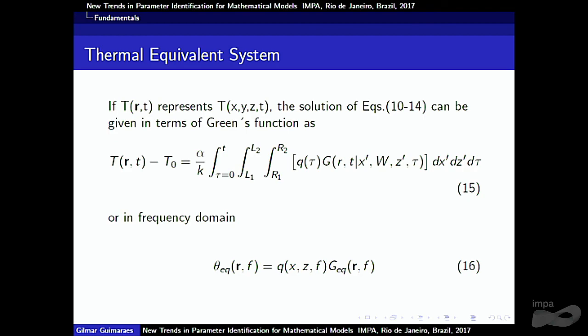So this is a convolution equation, and if we call the difference of temperature theta, we can obtain in the frequency domain just the product of this difference of temperature with the heat flux and the Green's function, plus the ratio of thermal diffusivity with the thermal conductivity.